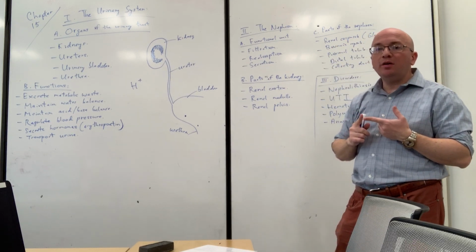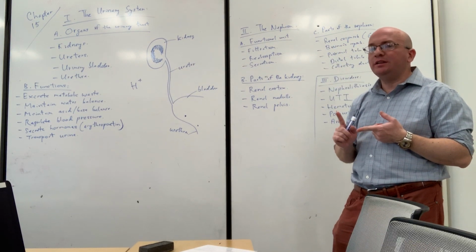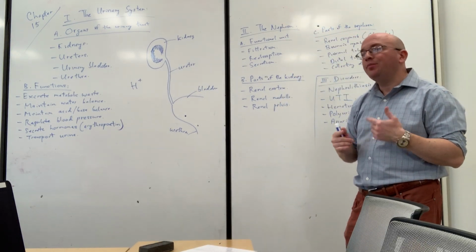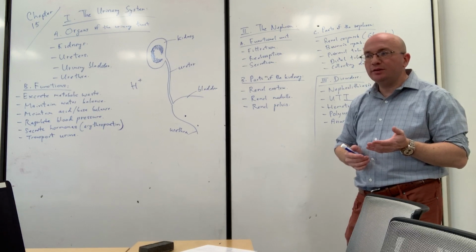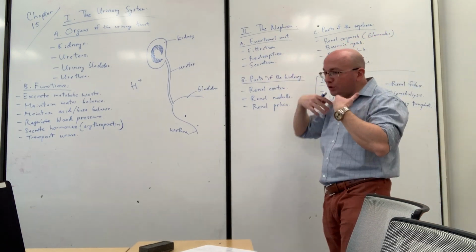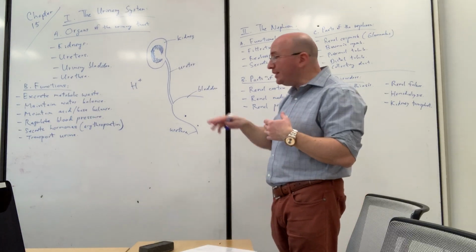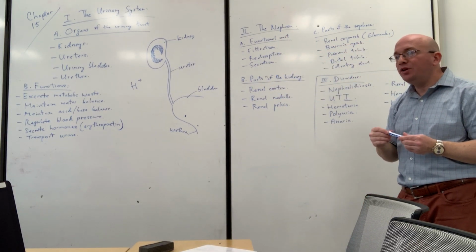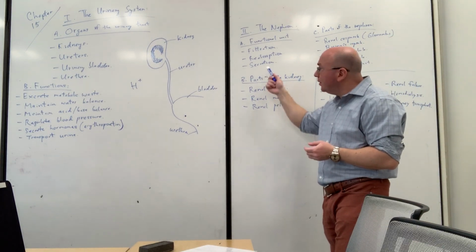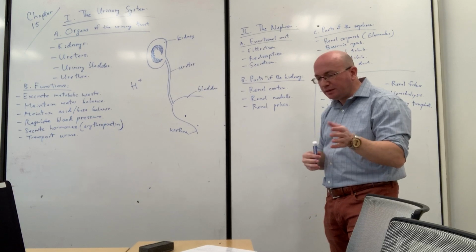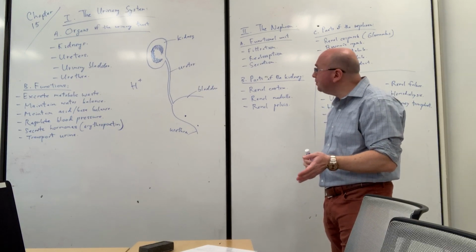And if these are waste molecules, like let's say excess potassium, like creatinine, like urea, some others, maybe certain medications you take and certain drugs, they will be excreted, or secreted, the correct way to say this is renal secretion, out of the system, and that's how it's going to wind up in the urine, basically.